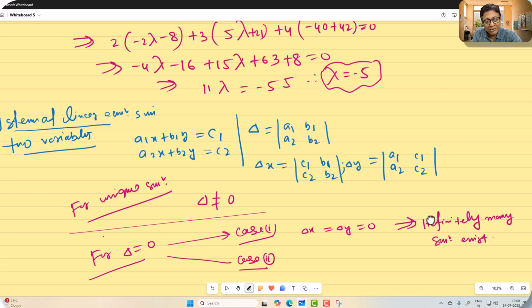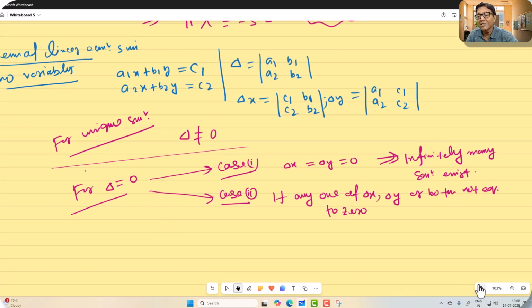Case 2: if any one of delta x, delta y or both are not equal to 0, then no solution exists, that is inconsistent.